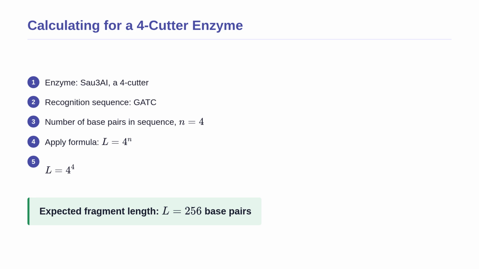We choose our expected fragment length formula because it models the statistical probability of finding that exact 4-letter combination. We substitute the value n equals 4 into our equation. We are raising the number 4, representing the 4 possible DNA bases, to the power of 4. Calculating this gives us a final answer of 256 base pairs. Physically, this means the enzyme chops the DNA into very small, frequent pieces, which is highly useful for building a comprehensive genomic library.